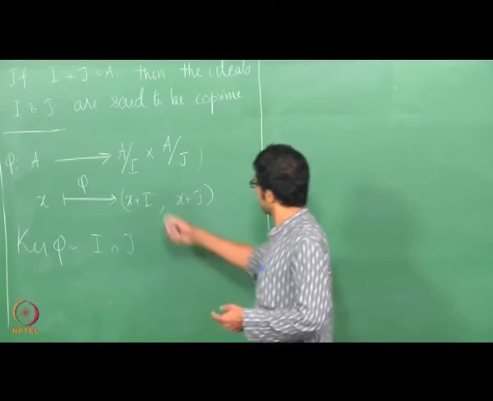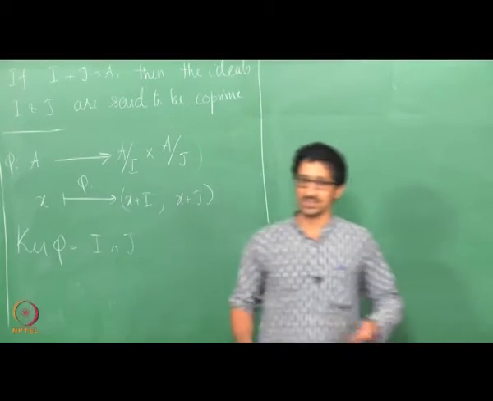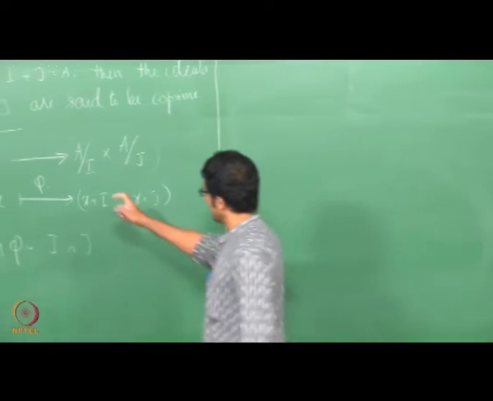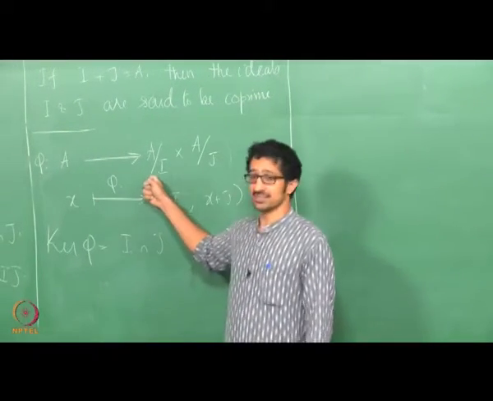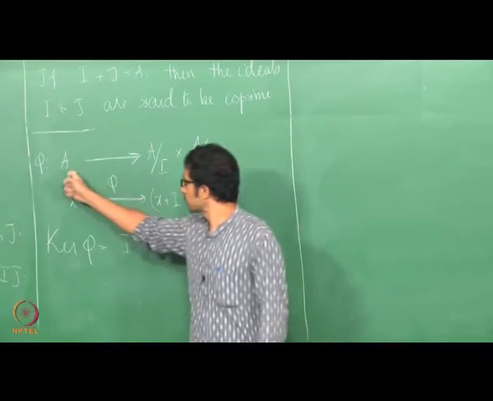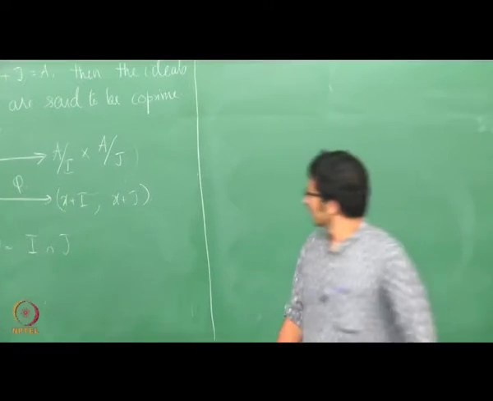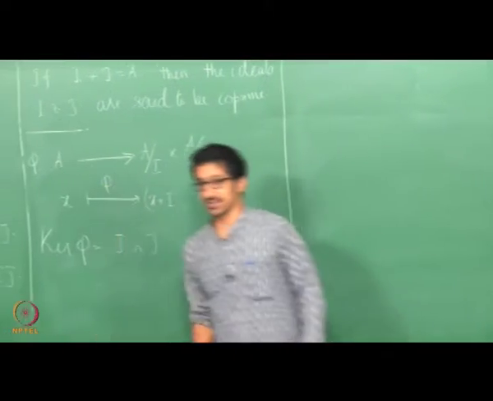Now, A to A mod I is surjective, A to A mod j is surjective. Can we say that phi is surjective?